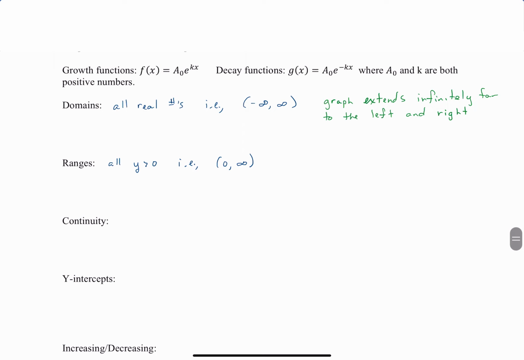What does the range tell us? That tells us that the graph lies entirely above the x-axis. Right? There's no negative y values. There's not even a y value of 0. It's all y values above the x-axis.